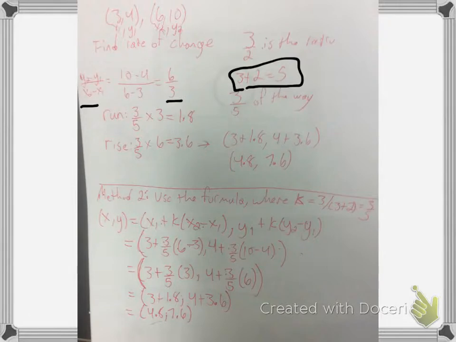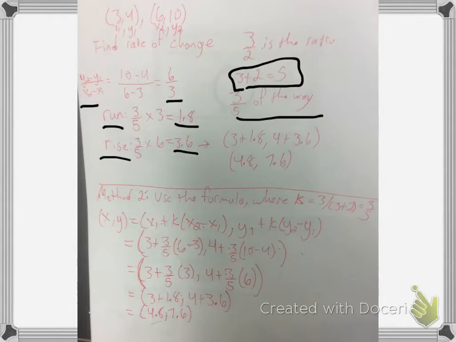Now, I have to find my new slope to find my new point. Alright, so I want to find the point that is 3/5 away from 3, 4. Okay, so I'm going to multiply my run times 3/5 and multiply my rise times 3/5. So 3/5 times 3 is 1.8, 3/5 times 6 is 3.6.